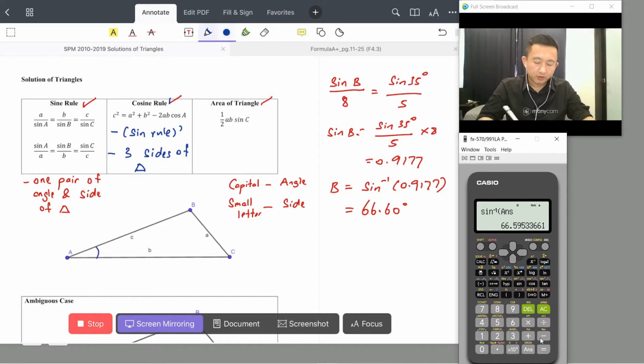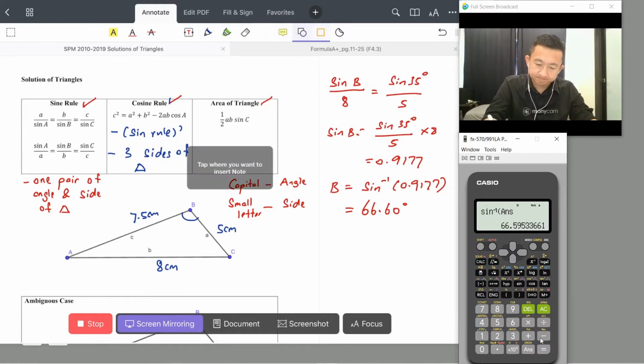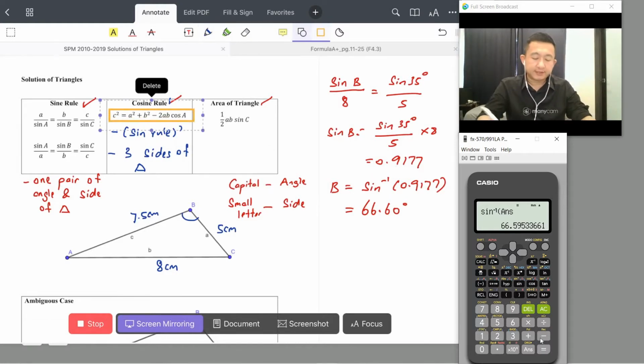Let's say we do not know the angle, so this is 5. I just simply put this as 7.5, and you need to find this angle. Look at the formula. c squared equals a squared plus b squared minus 2ab cos A. Oh, sorry. There's something wrong with the formula. My bad.